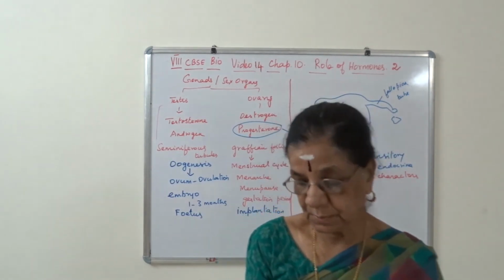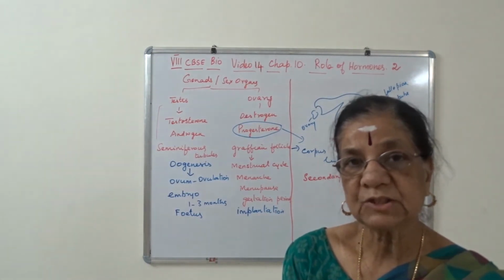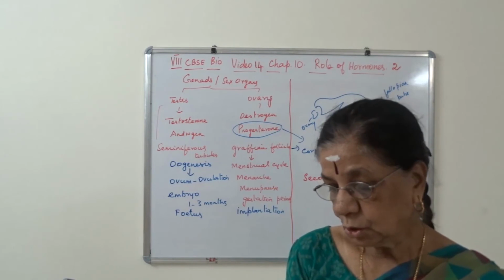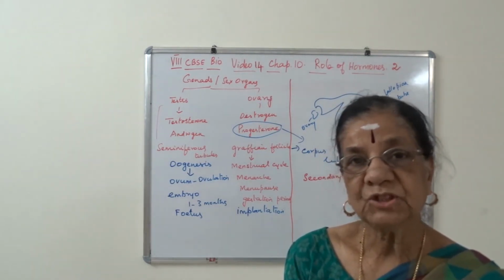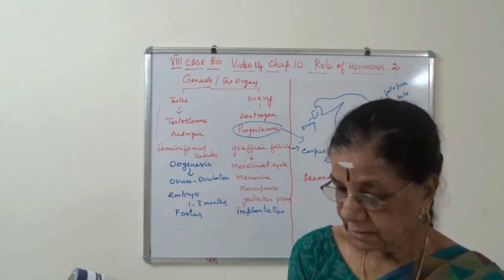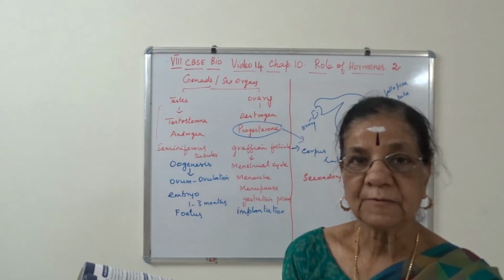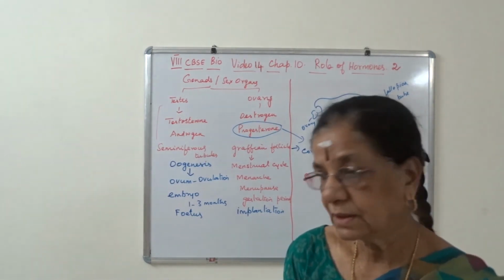Testosterone is responsible for the appearance of secondary sexual characters in male, such as growth of body and facial hair, change in voice and production of sperm. I hope you understand. So this is for testosterone, right?